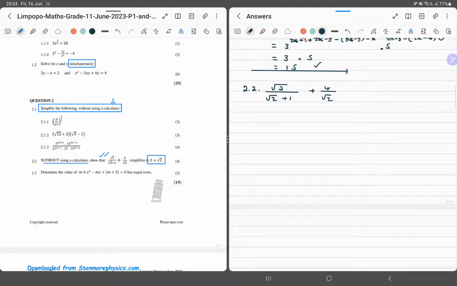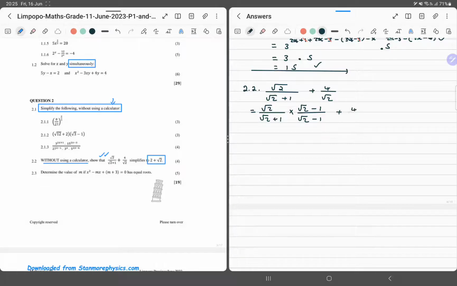So these expressions need you to rationalize the denominator. That's just a clue here. How to rationalize a denominator that is a binomial like that? We simply use conjugates. We multiply by 1 that is made up of conjugates of that denominator. So this is the same as root 2 over root 2 plus 1 multiplied by 1, which is made up of conjugates of our denominator, because we know when you do that multiplication for the denominators, it will simplify to a rational number, because that creates a difference of 2 squares, and we know that the difference of 2 squares is a rational number.